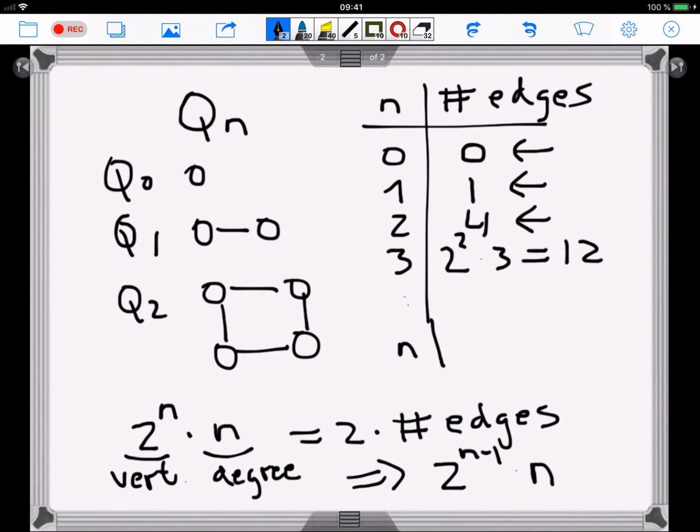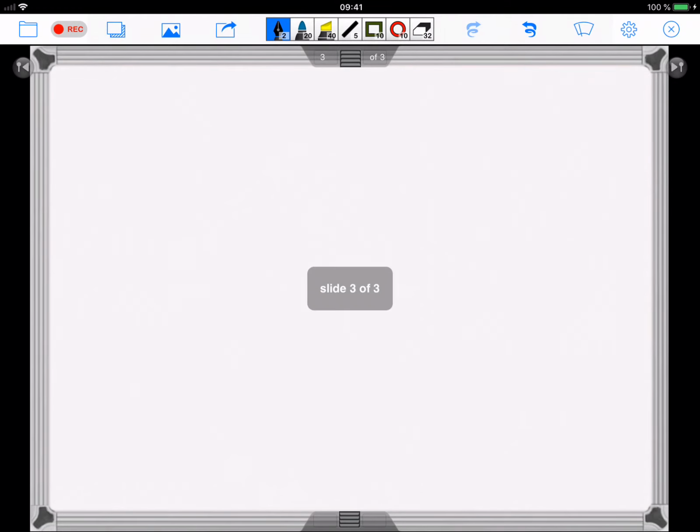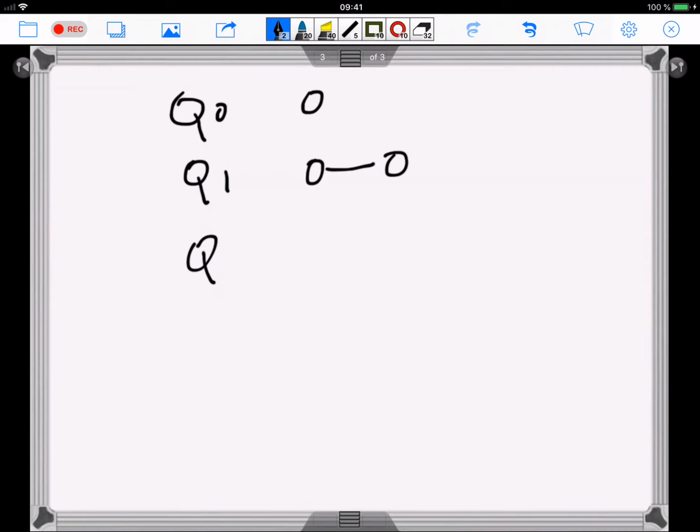But we have another question that I posed to you that I wanted you to solve, which is, when are hypercube graphs bipartite? Let's start with the very simple small cases like Q0, Q1, Q2, and see what happens.